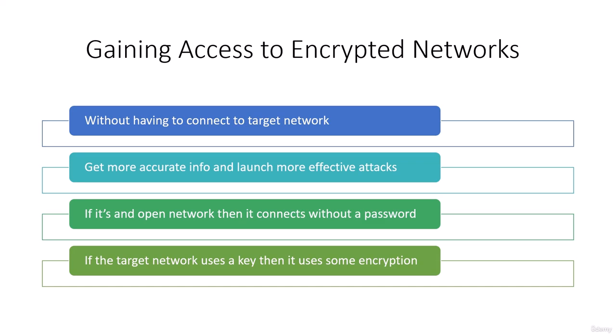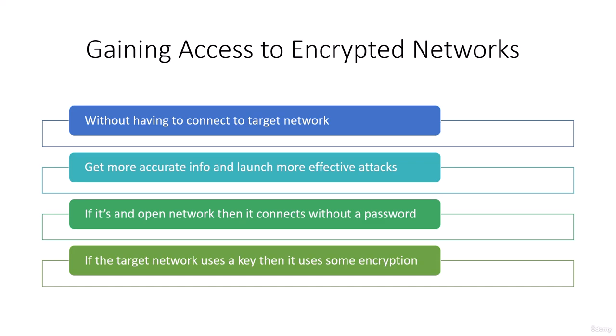But the problem is that if the network uses encryption such as WEP, WPA or WPA2, as we have seen, if we try to sniff the data, it will be encrypted, and if we want to decrypt it, we need to know the key.